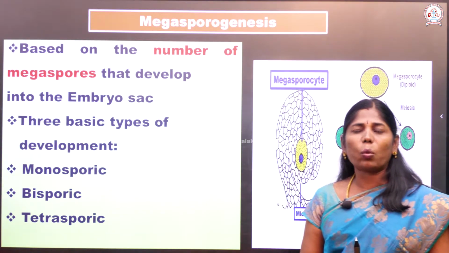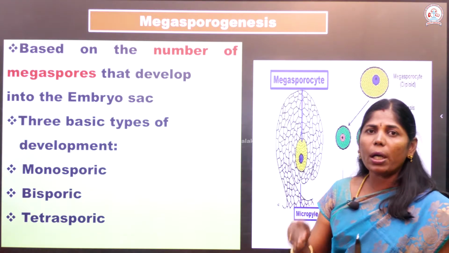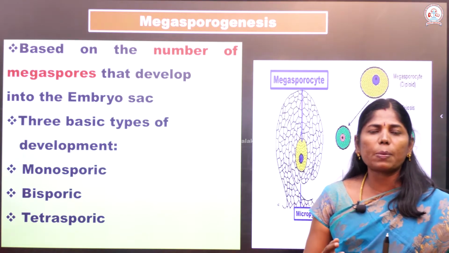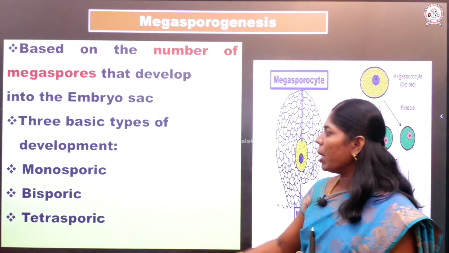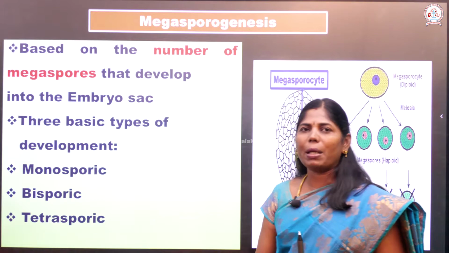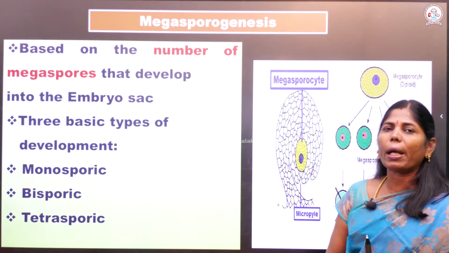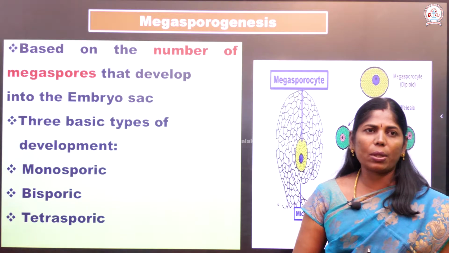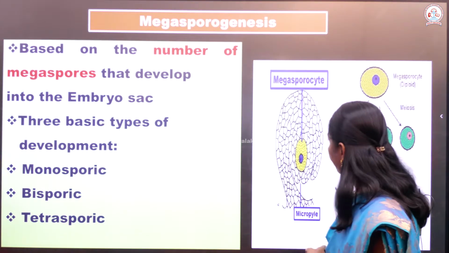Monosporic means only 1 megaspore is involved in the formation of the embryo sac, bisporic means 2 megaspores are involved, and tetrasporic means all 4 haploid megaspores are involved in the formation of the embryo sac.